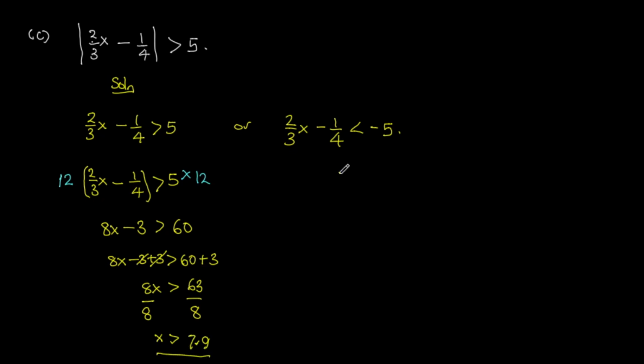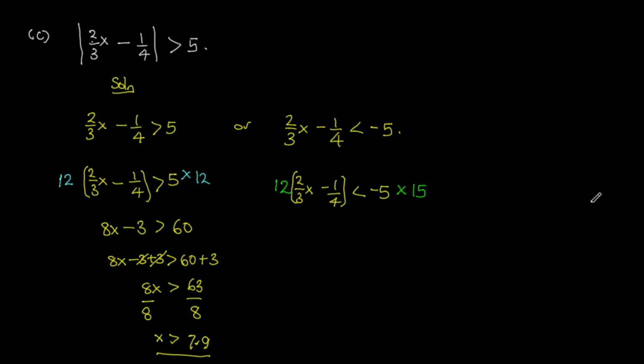Then we also solve this by multiplying by 12. So here by 12, filling in our gap, we have 2/3 x − 1/4 is less than negative 5 times 12, sorry, not 15 but 12.